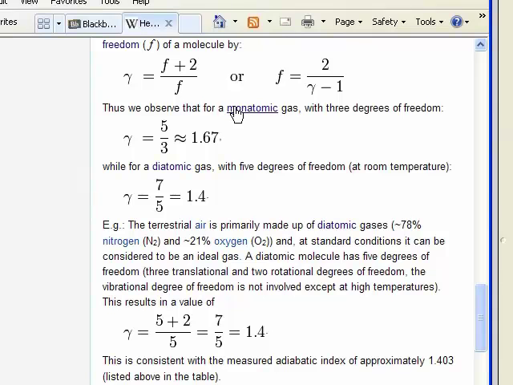For monatomic ones such as helium, krypton, xenon, so all the noble gases, they would give us 5/3, 1.67. And if we had triatomic gases like CO2 and H2O vapor, we would have to be given 8/6. It depends on the problem, but for the most part, that's the reason why they give us the monatomic gas, because they have already derived that gamma for us.